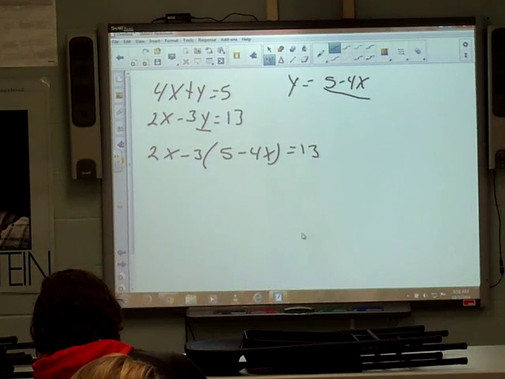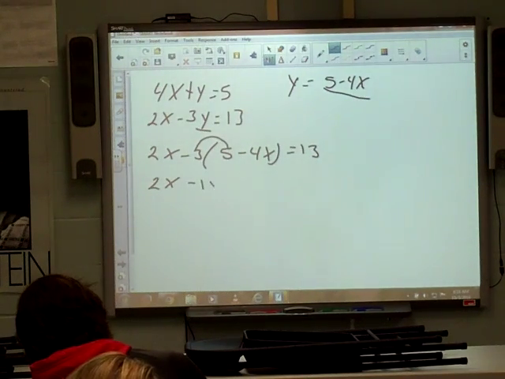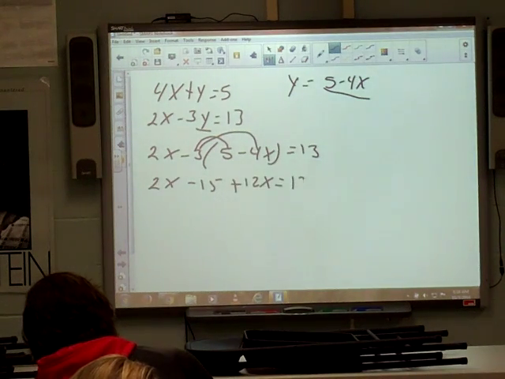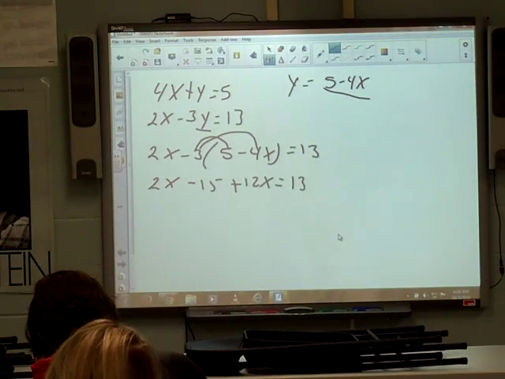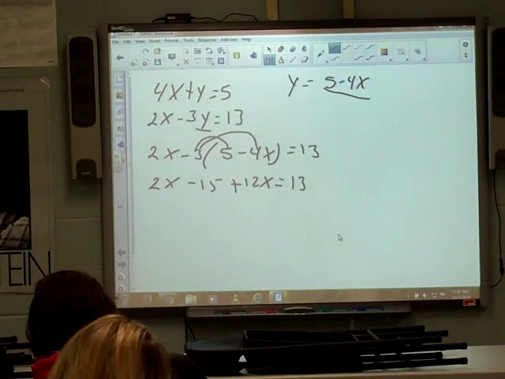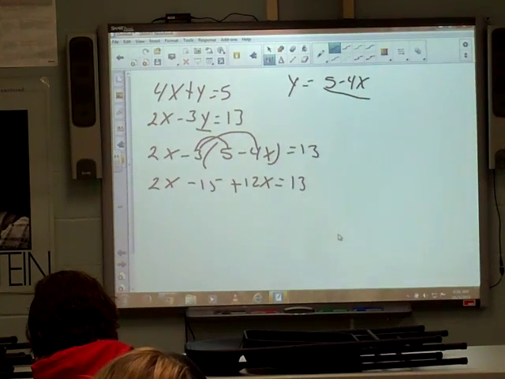Alright, what would we do now? Distribute. I'm going to distribute that -3, so I'll make sure I get all my signs right. So it's going to make minus 15, and then here a negative times a negative is going to be a plus 12x. Put the x's first. Good, I would do the x's together.